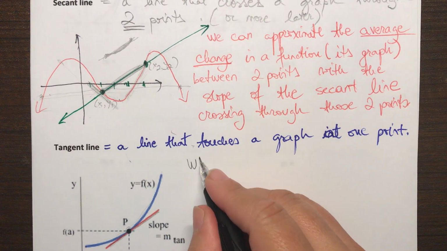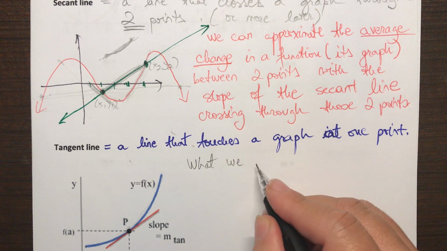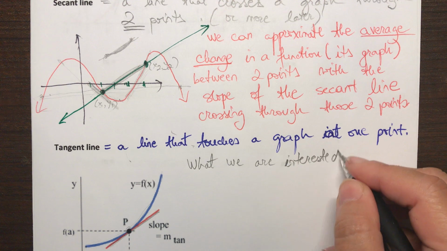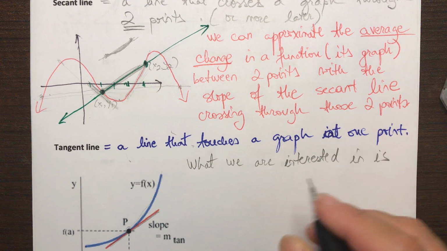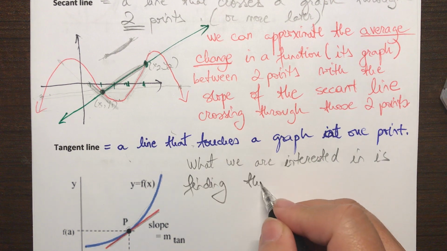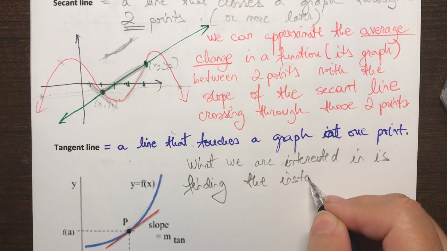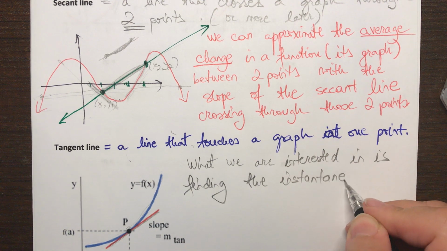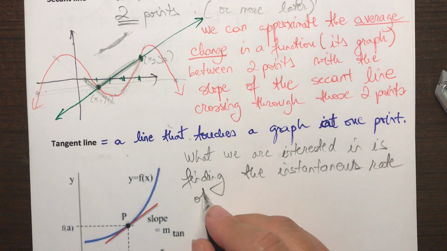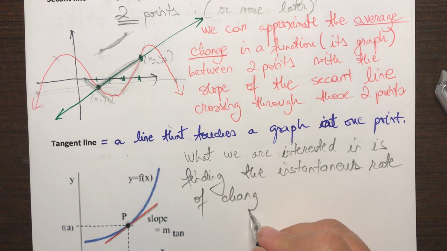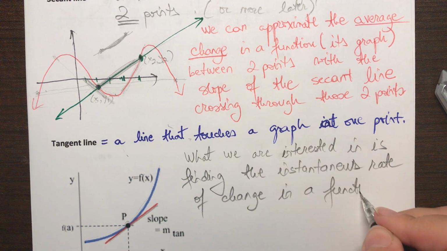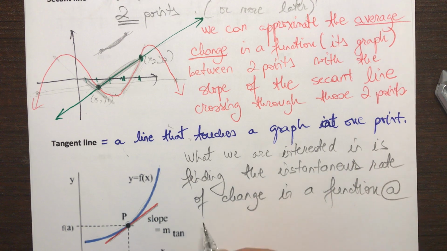So what we're interested in is finding the instantaneous rate of change in a function at one point.